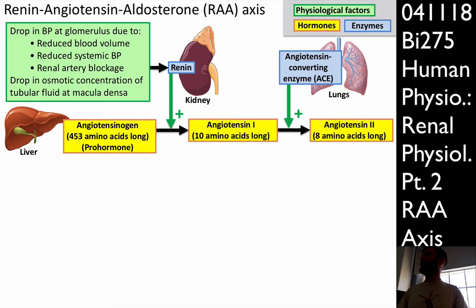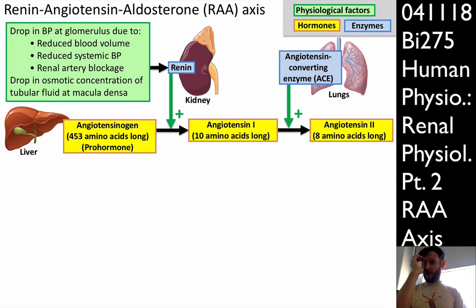specifically cleaves a big chunk off of angiotensinogen, the regulatory chunk that surrounds angiotensin and keeps it from doing its job, and releases this 10 amino acid chunk of angiotensinogen. This is what we call angiotensin 1, 10 amino acids long.